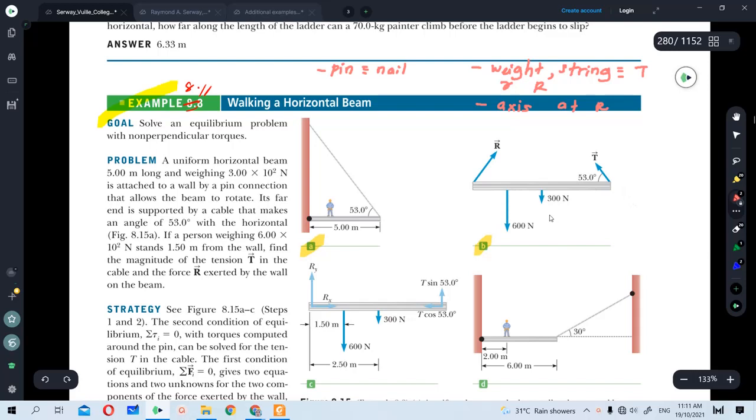Now, according to this figure, you should notice that T has a Y component, T sin theta, and also an X component, T cos 53. The same thing happens for R, which is R cos theta.